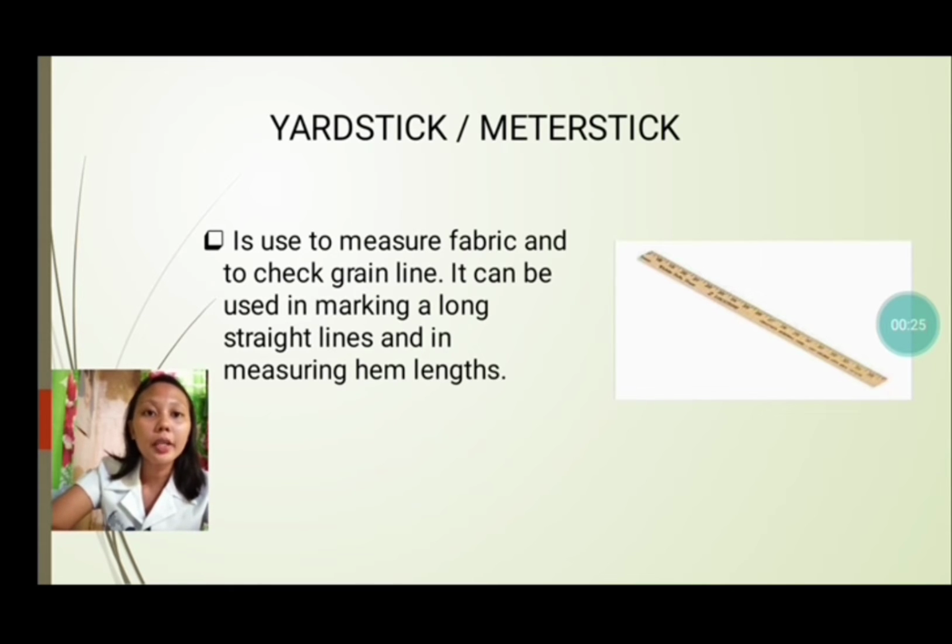It's because a yardstick or meter stick is 3 feet long, while a ruler is only 12 inches or 30 centimeters long. So again, a yardstick or meter stick is 3 feet long.